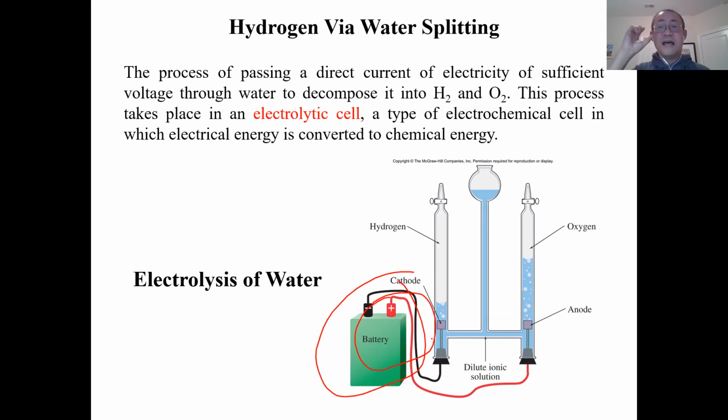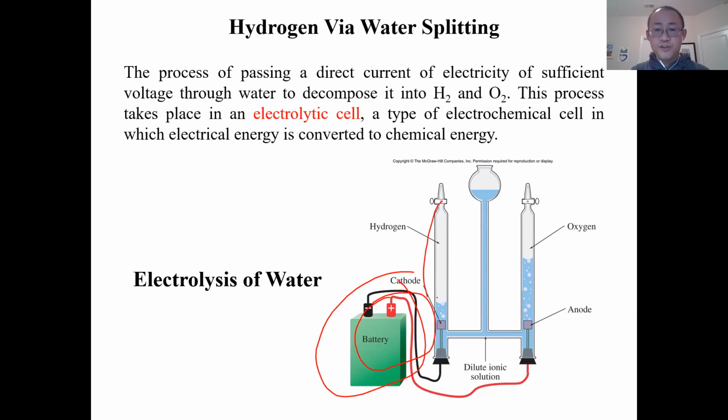So basically, the energy in the hydrogen product is from what? From a battery. So you're using energy from a battery to convert that into the fuel energy, hydrogen. As you can see here, you connect both the positive and negative ends of the battery into water, and the water will start bubbling.